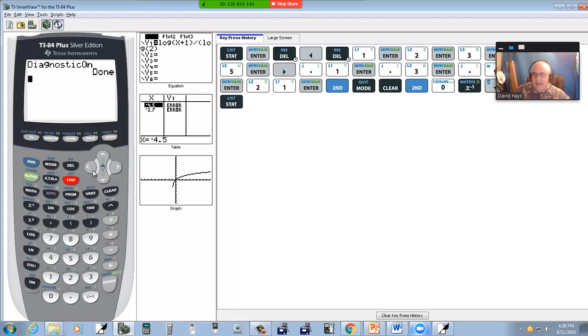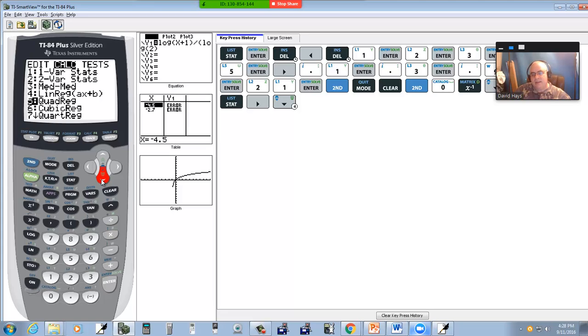Now if I do a stat, right arrow to calc, this is where your regression is. Linear regression is the line, quadratic is a U shape or upside down U, cubic is that shape we talked about earlier.